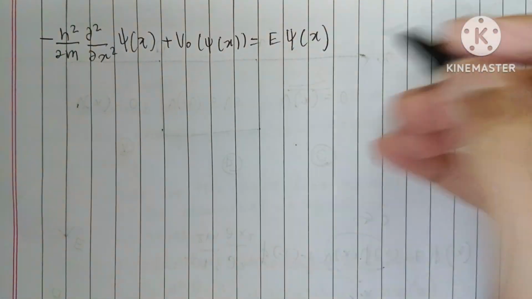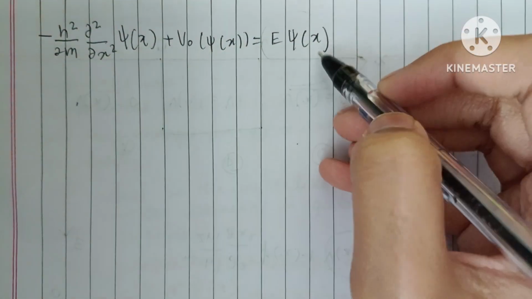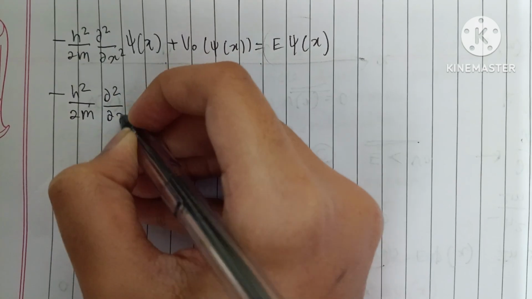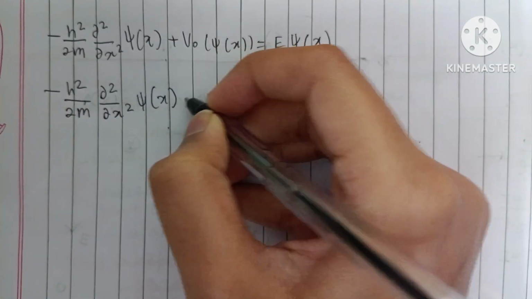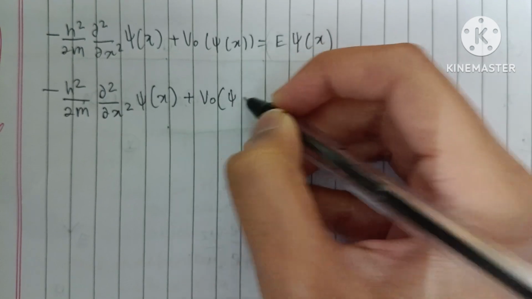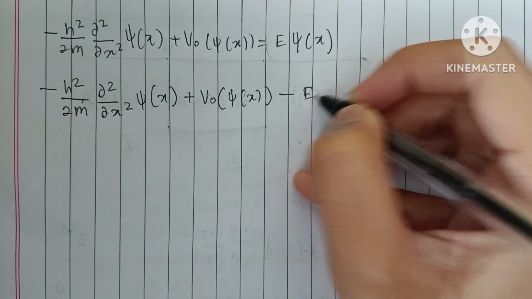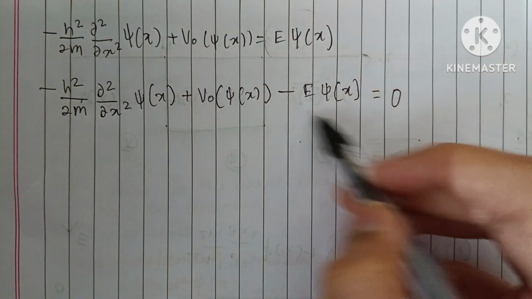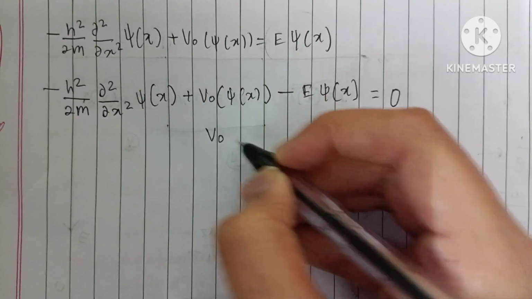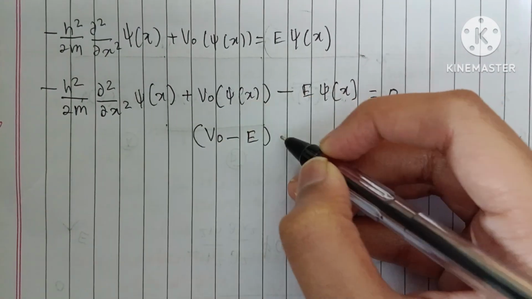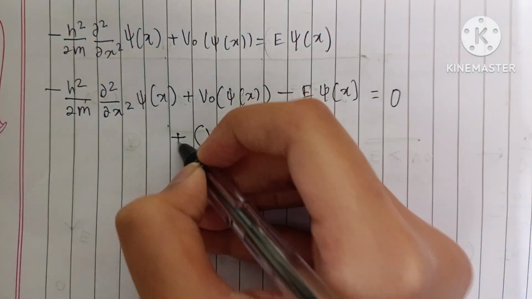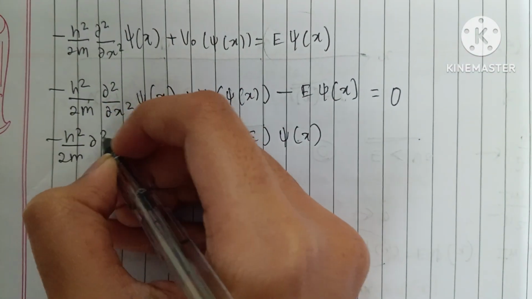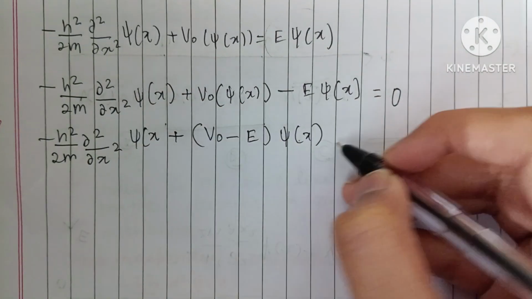Now to simplify this, let us first subtract this term from both sides and it will become this. We can combine these two terms and write it like this, equal to 0.